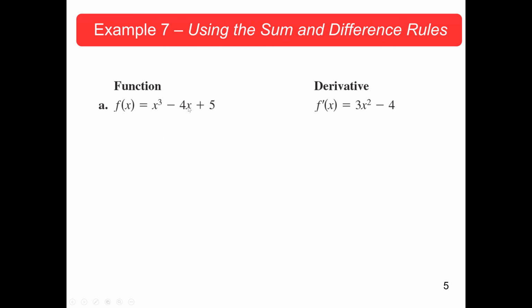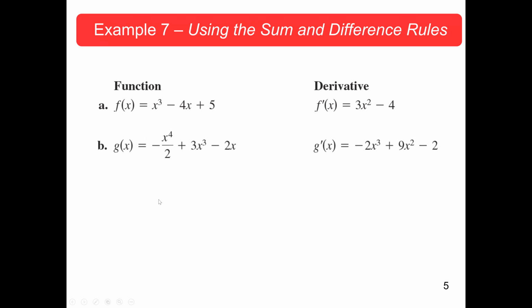The derivative of minus 4x uses the constant multiple rule. We know the derivative of x is 1, so it will be 1 times negative 4, which gives us negative 4. Now the derivative of any constant value is 0. So the derivative of x cubed minus 4x plus 5 will give us 3x squared minus 4.